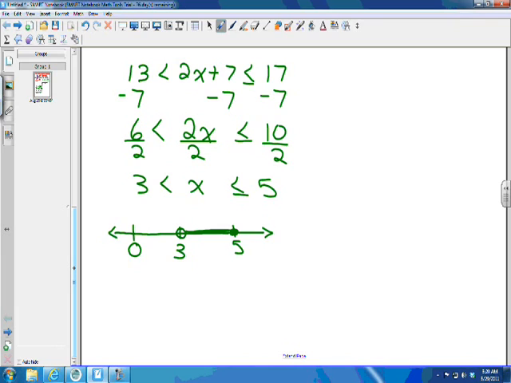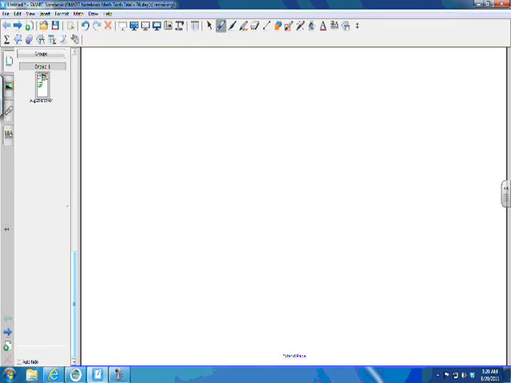Let's look at a disjunction problem. Y plus 5 is less than or equal to 7. This is how a disjunction will look.